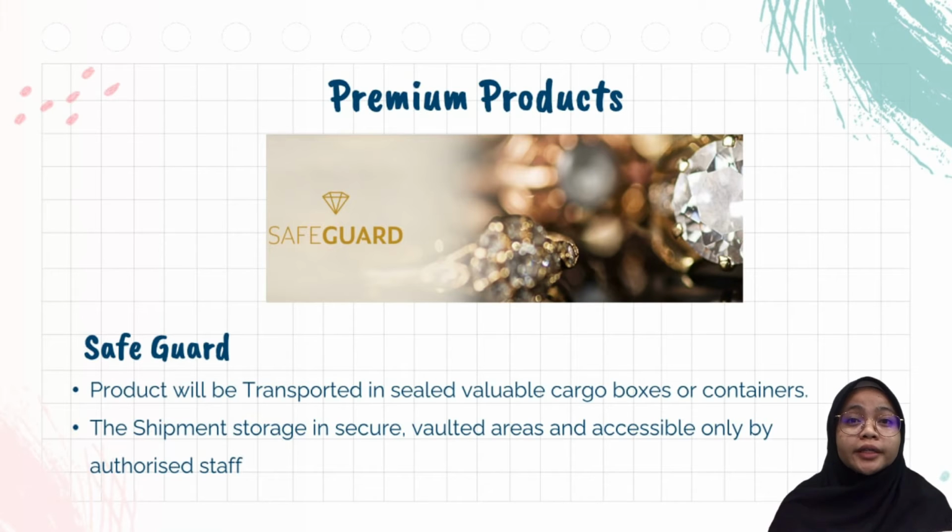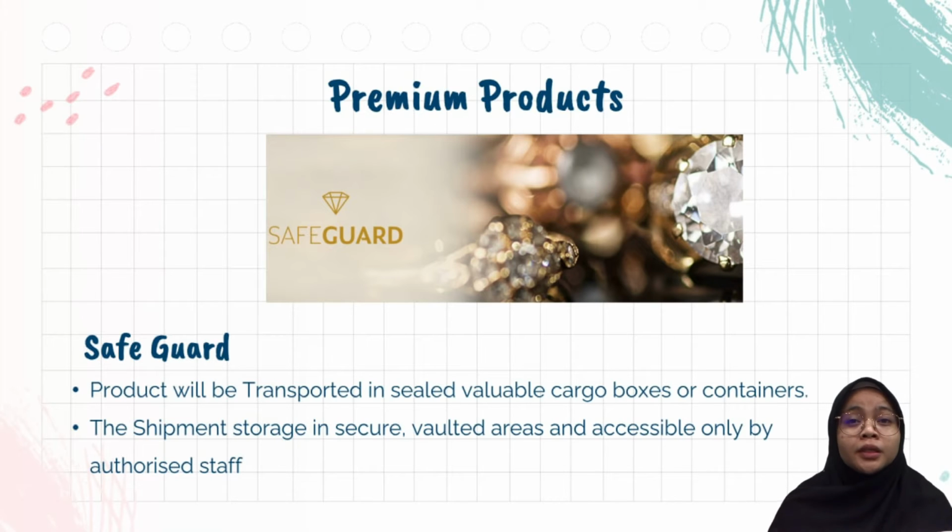In order to get customer satisfaction, Etihad Airways will make sure that they are giving the best services towards their consumers. For this item, they will make sure that the product will be transported in sealed valuable cargo boxes or containers, and the shipment stored in secure vaulted areas accessible only by authorized staff.